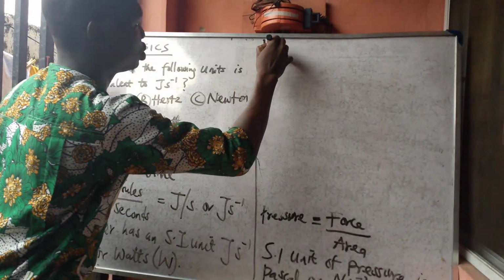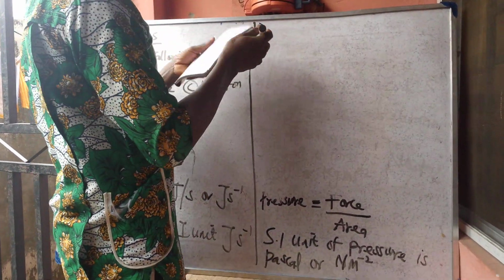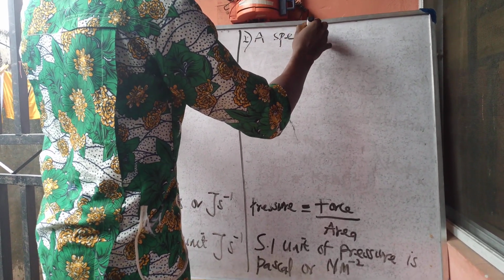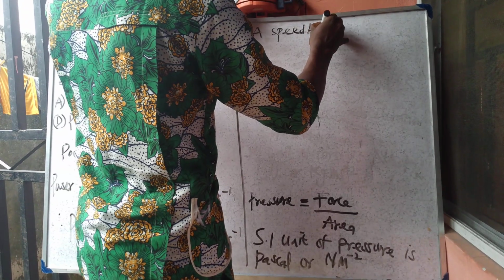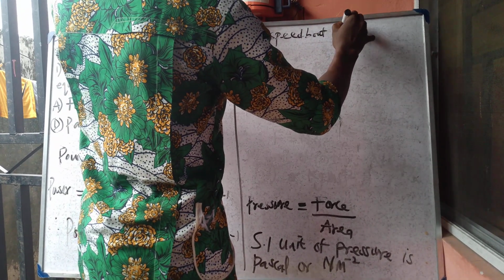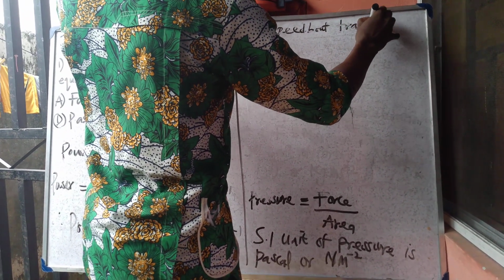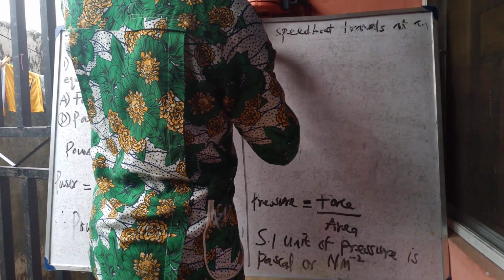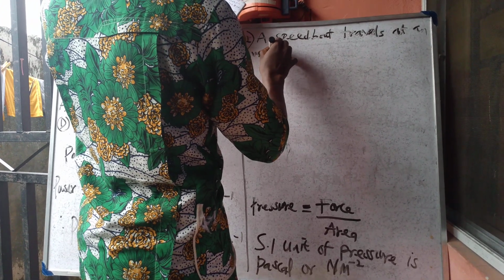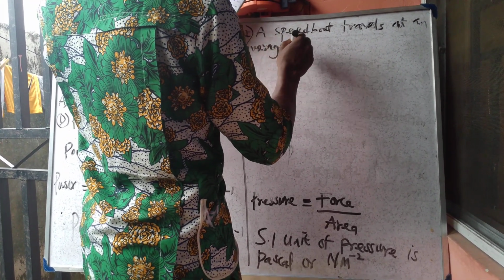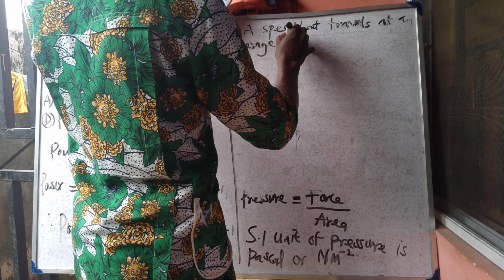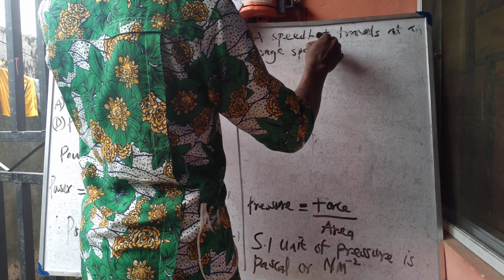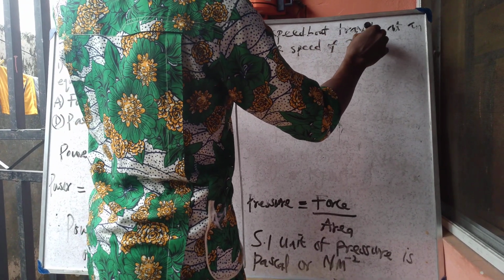The second question is, a speedboat travels at an average speed of 20 meters per second.